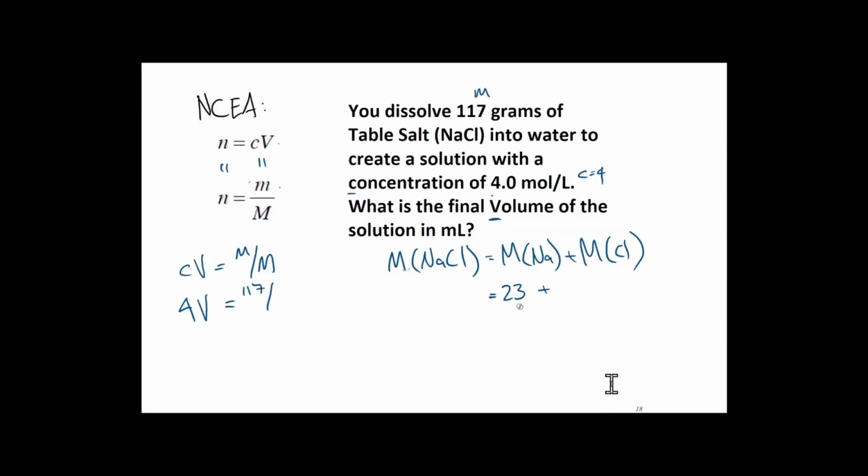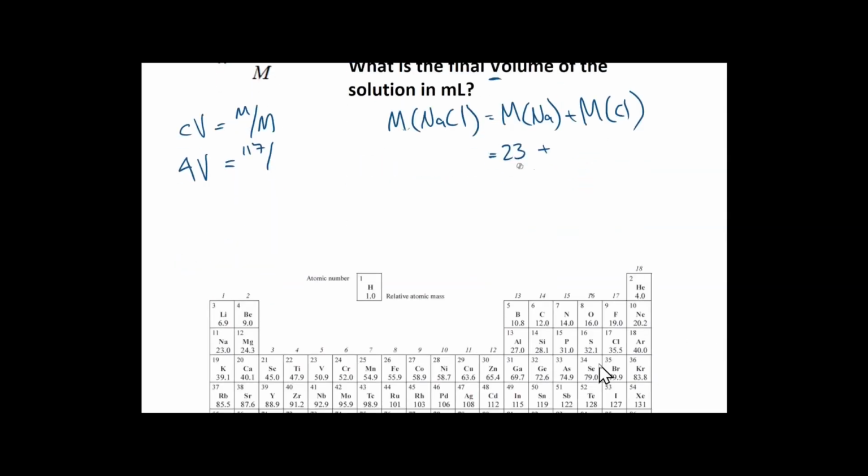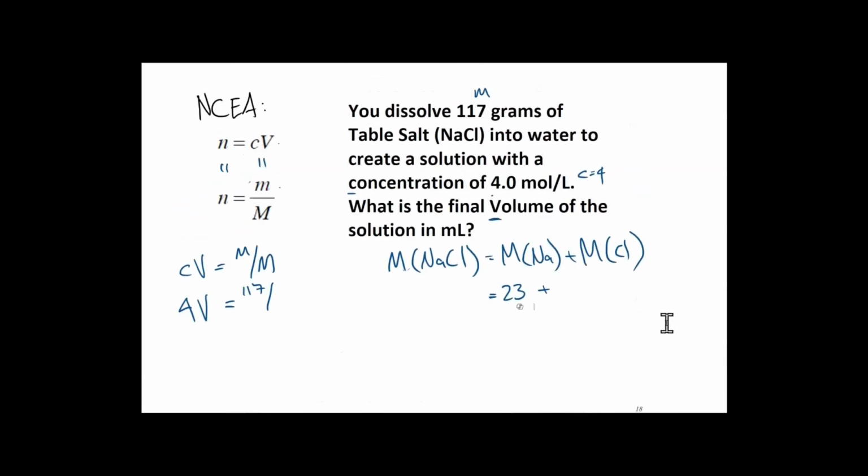And the molar mass of chlorine is 35.5. And if you can do this in your head, good. It's 58.5 grams per mole if you want to put the unit in there.